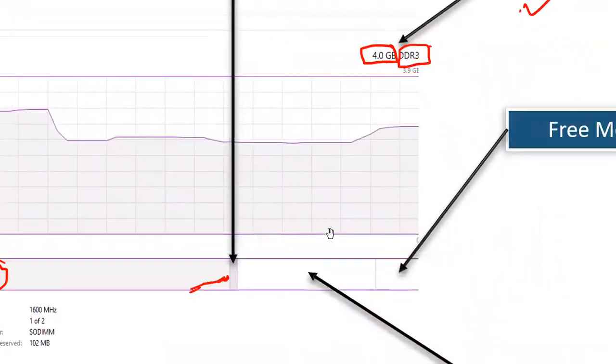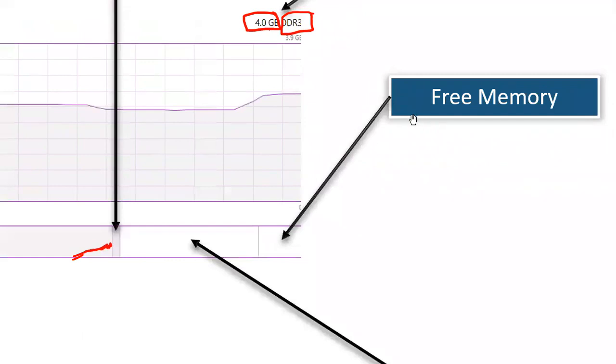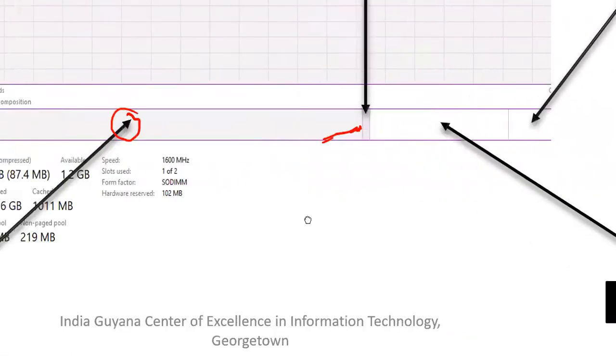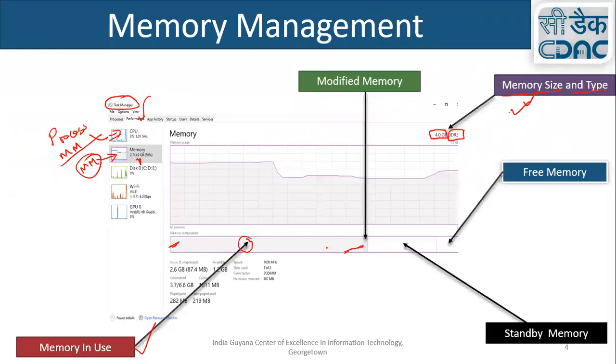And this part is known as standby memory, and this small part is known as free memory. So let me zoom out. Sir, why does the modified memory get such a small compartment? I'm giving you the idea. In the next slide, this is the definition of what is modified memory, memory in use, free memory, and standby memory.